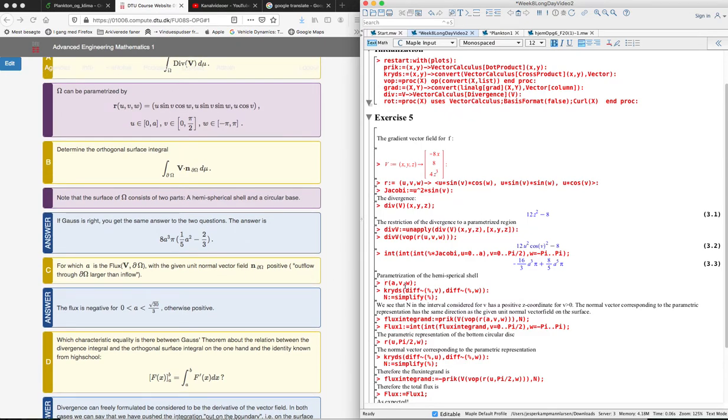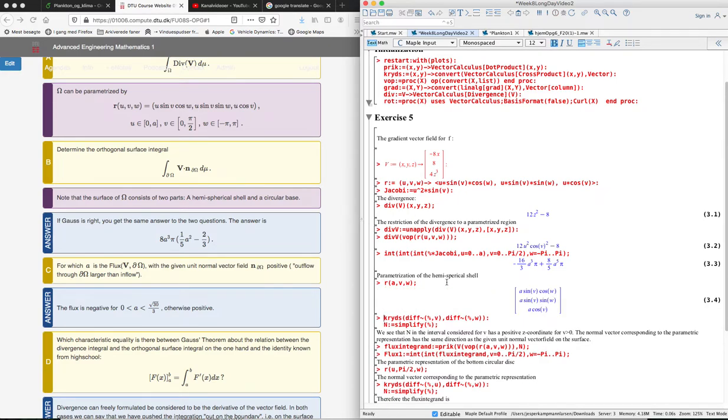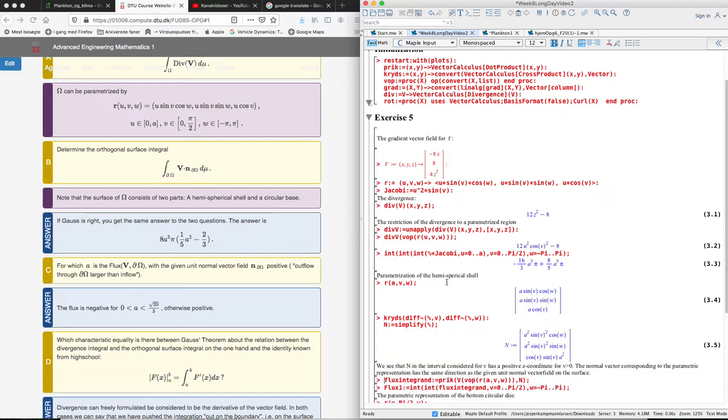What we do now is enter a parametric representation of the hemisphere. Then we compute the cross product of the tangent vectors to the hemisphere, and we get this result.